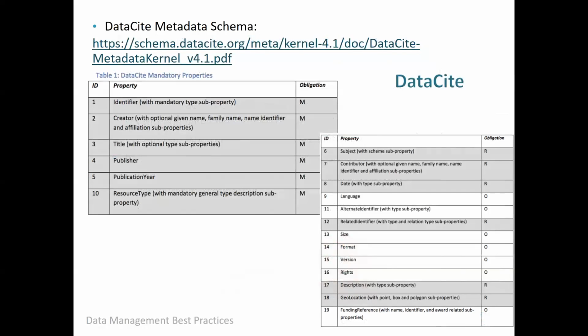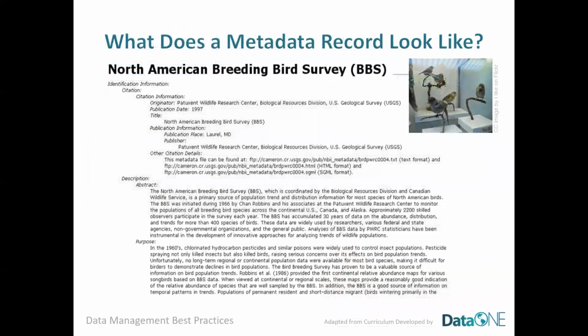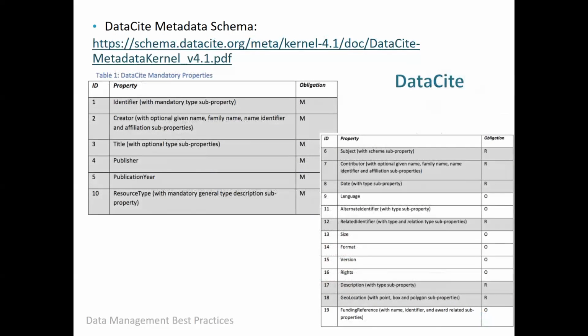And I want to mention that DataCite has been used widely worldwide. One thing about DataCite is that it creates a DOI to help you preserve your data in the long term.